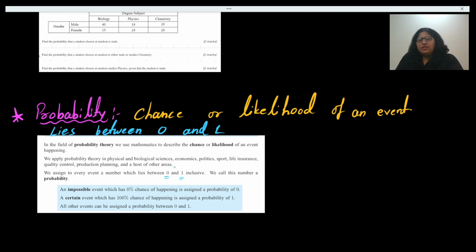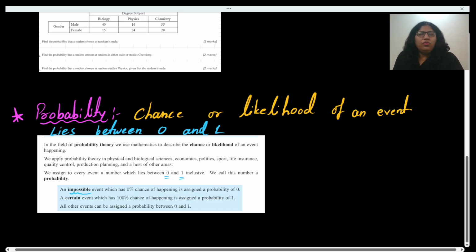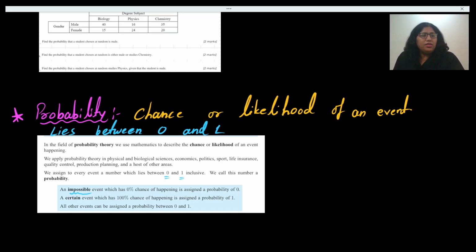Whenever it is 0, it is called an impossible event. If I ask what is the probability that the sun rises from the west, you know that is an impossible event, so the probability is 0. But if I ask what are the chances of rain happening, you will say 50-50%, so its probability is half. 50% is half.